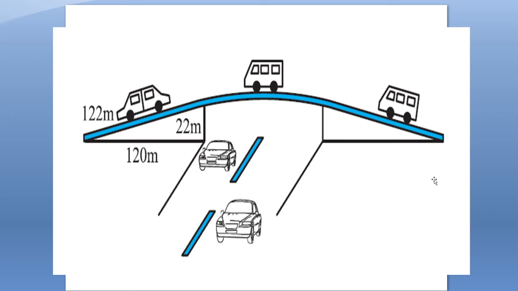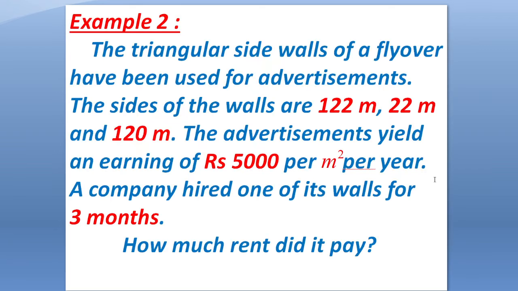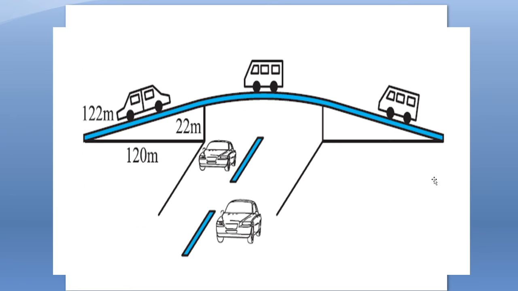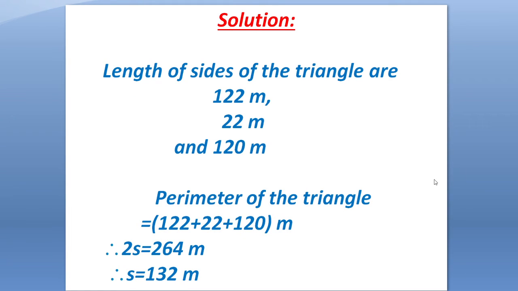You can see the triangular advertisement board, 122 meter, 22 meter and 120 meter, on your left side. So the lengths of the sides of the triangle are 122 meter, 22 meter and 120 meter. It is easy to find the perimeter of this triangle: 122 plus 22 plus 120 meter. Therefore the perimeter is denoted by 2S, so 2S is equal to 264 meter.